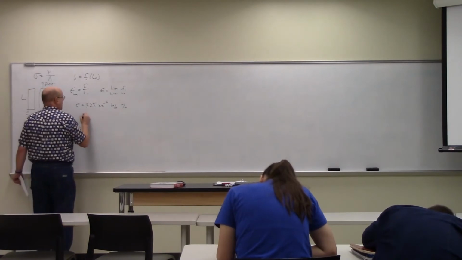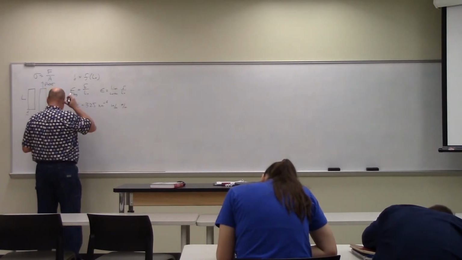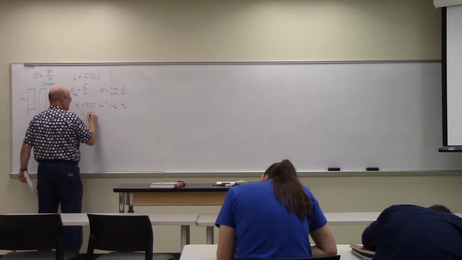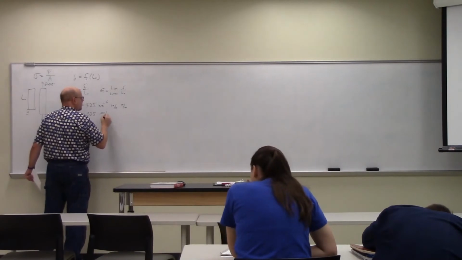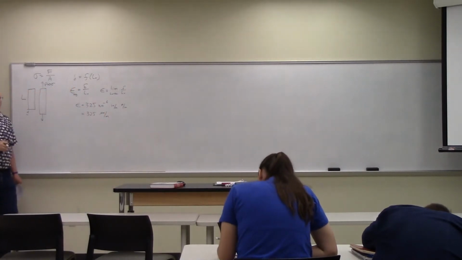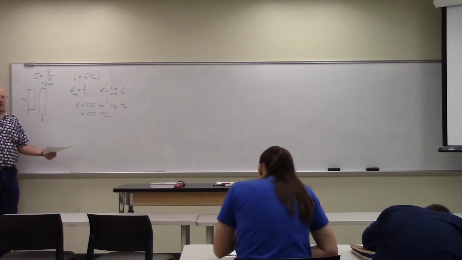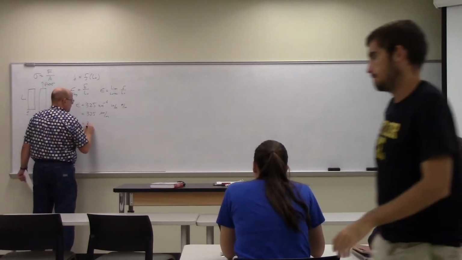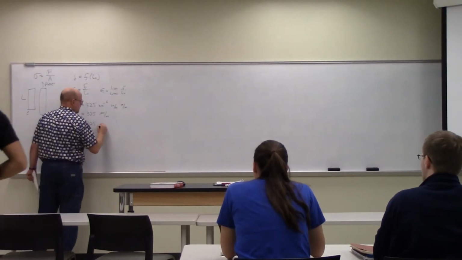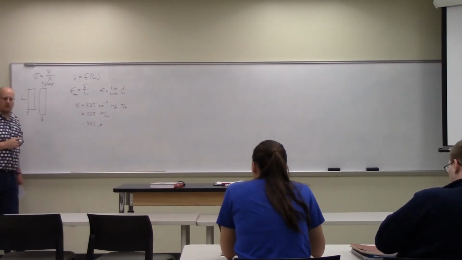Or you might see it as, in this case, 325 microns per meter. So they build the factor of 10 to the minus 6 into the units instead of building it into the actual value. Or you might see it listed as just 325 microstrain.